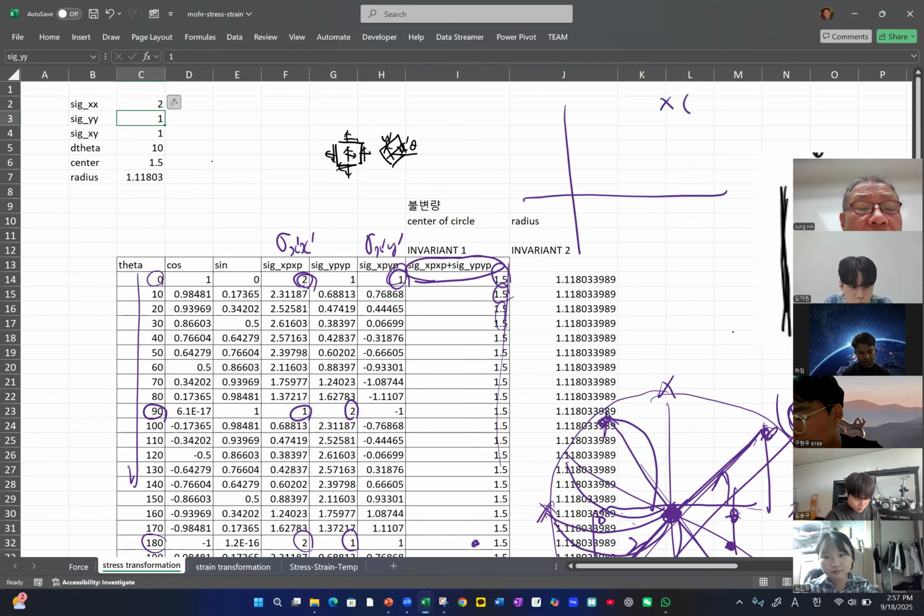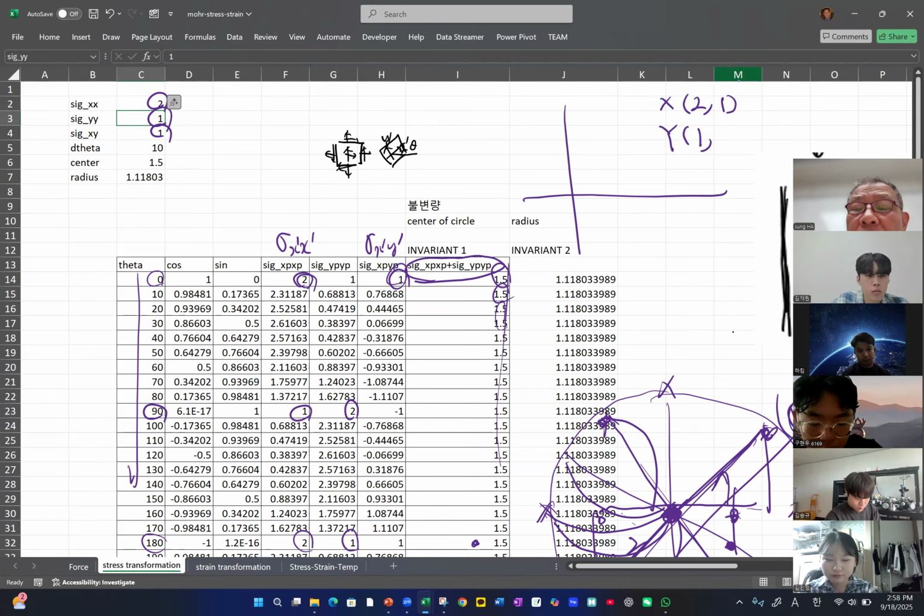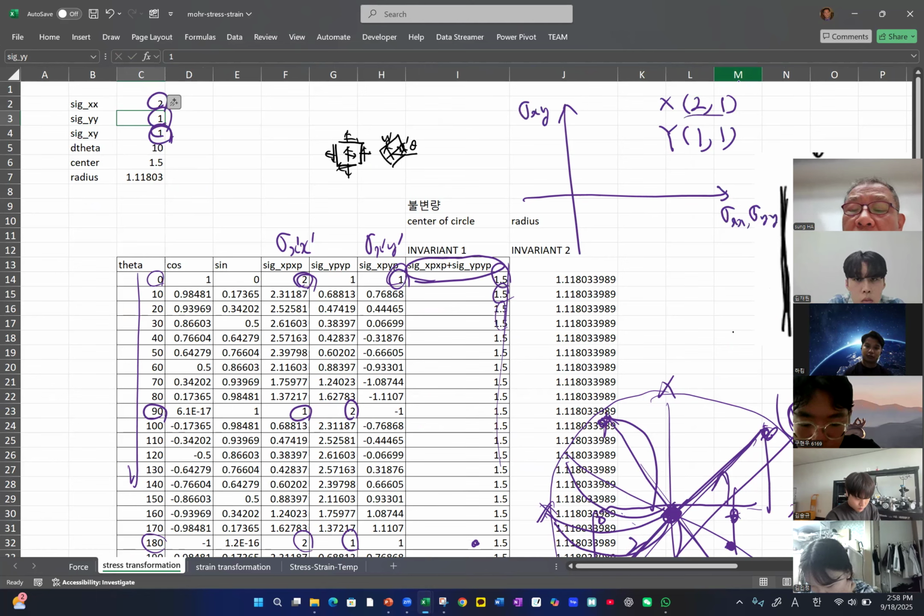Well, simply you say 2, and y is 1 comma 1. Can we plot this one? Well, say this is 2 and 1 is somewhere. This is x and then y, 1 comma 1.